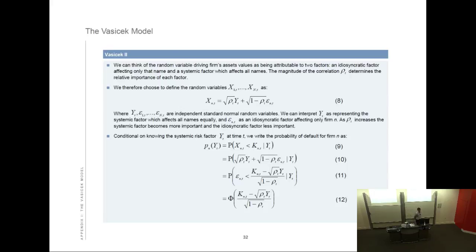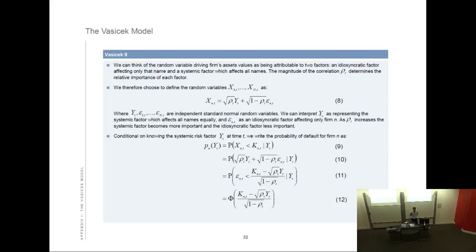Okay, so now think of plugging that back into our asset process. Now we can express the default event as something that has an idiosyncratic component and a market factor component to which we are correlated in one way or another.